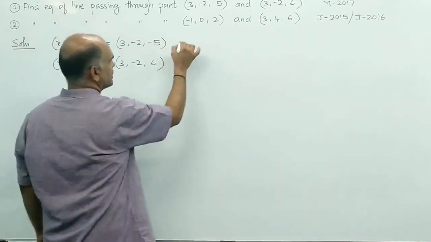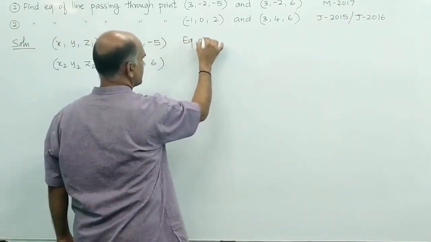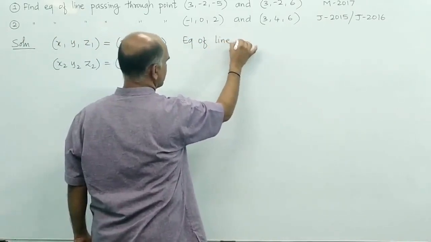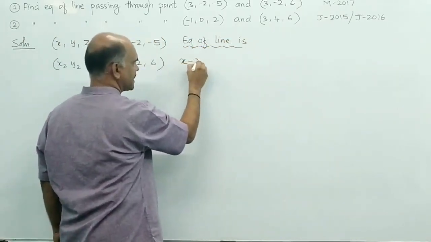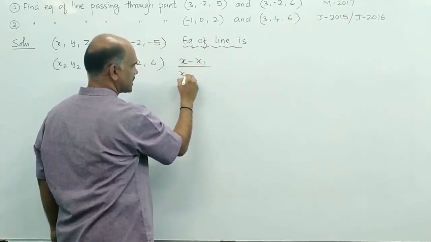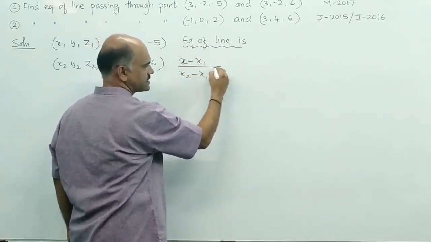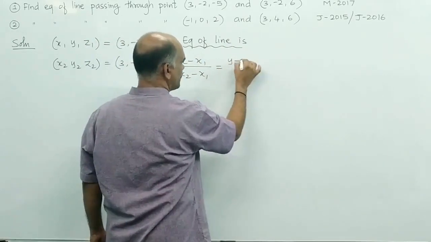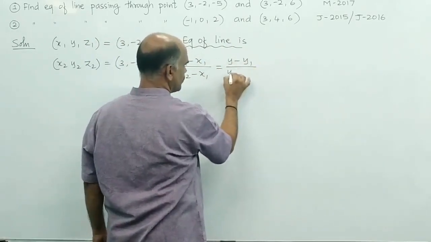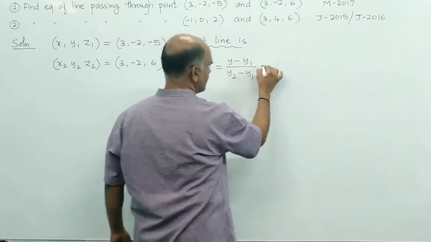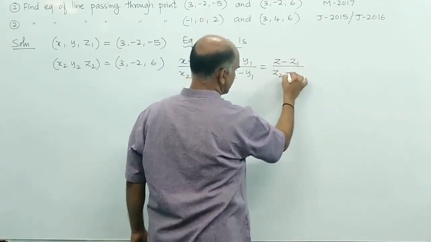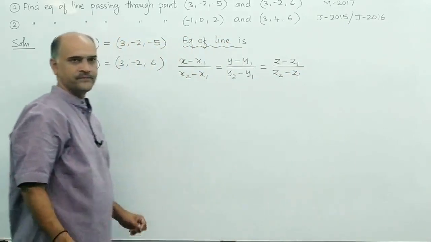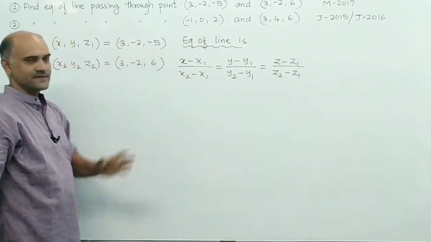So the equation of the line is, if I take the formula, (x minus x1)/(x2 minus x1) = (y minus y1)/(y2 minus y1) = (z minus z1)/(z2 minus z1). Now substitute these values.